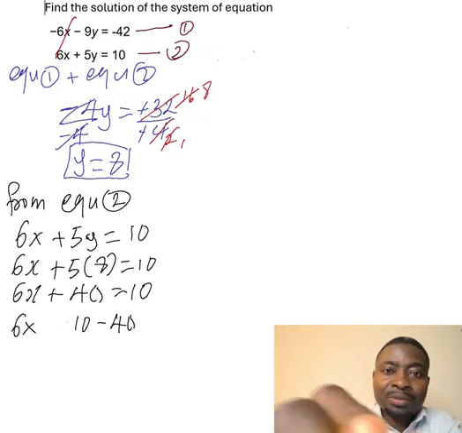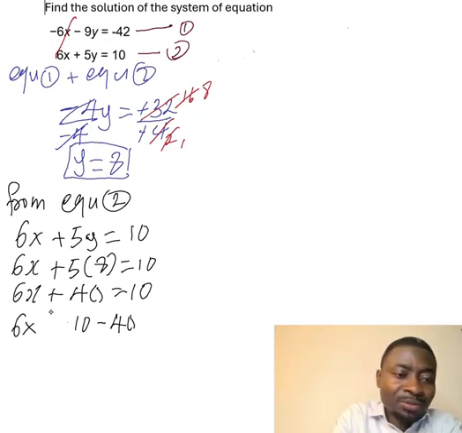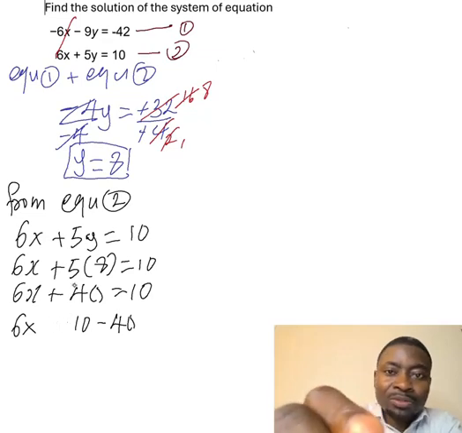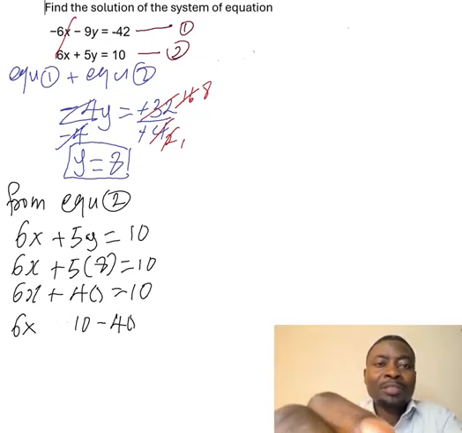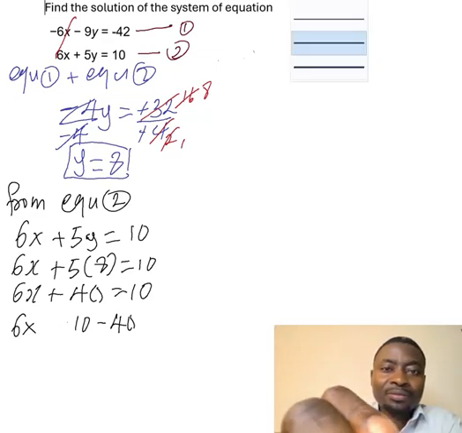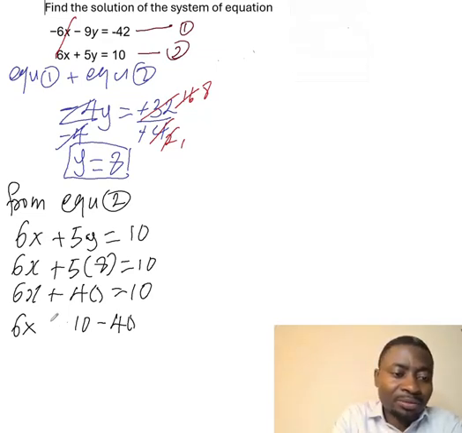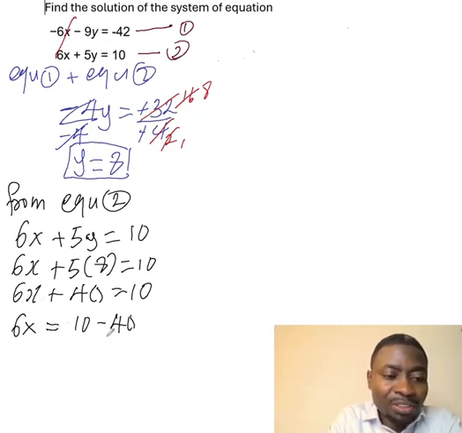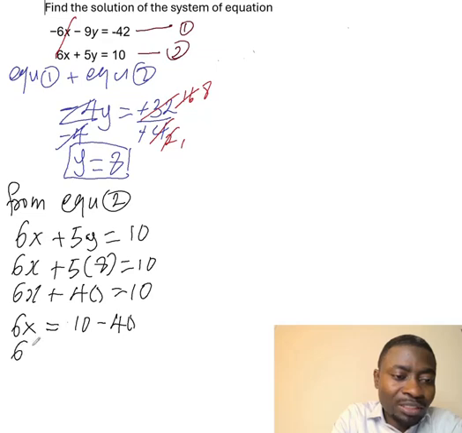Let's correct that. So we have 6x equal to 10 minus 40. What do we do? 10 minus 40 gives us negative 30.